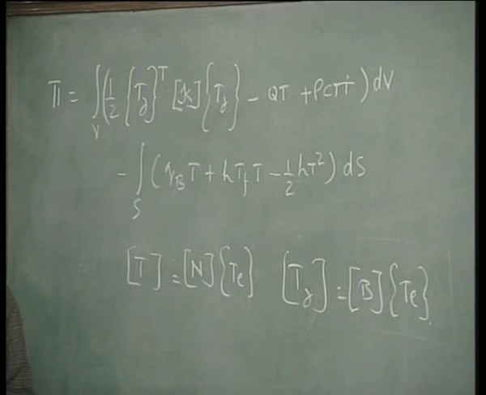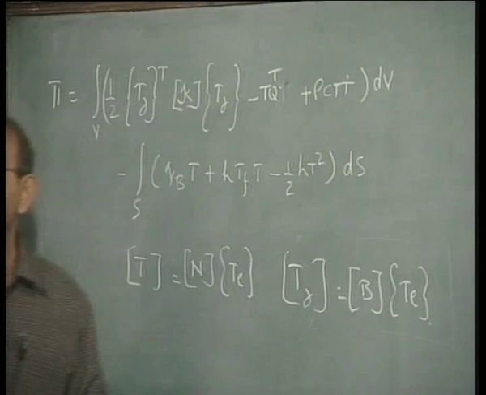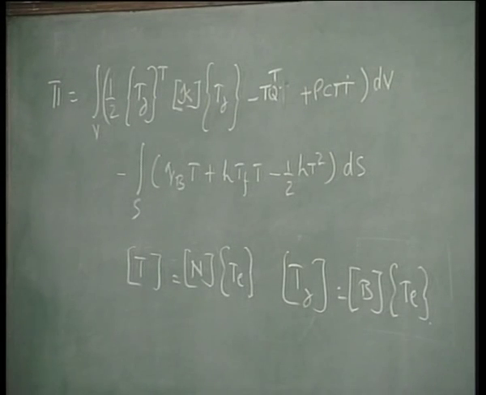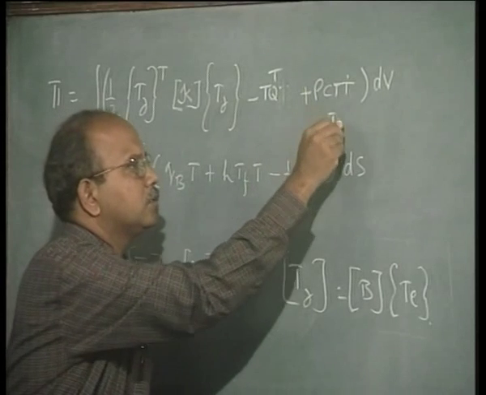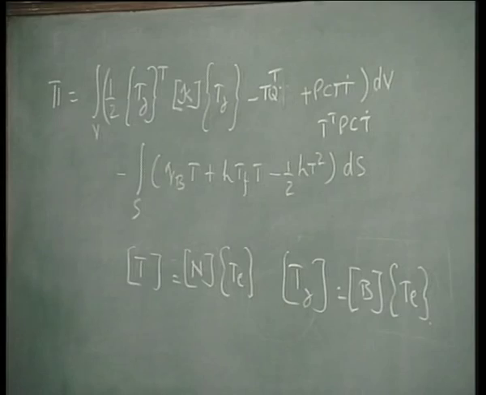You have to do a small jugglery. Write Q T actually as T transpose Q. Rho C T dot, write it as T transpose rho C T dot. Write it like that, so that it is easy to write.